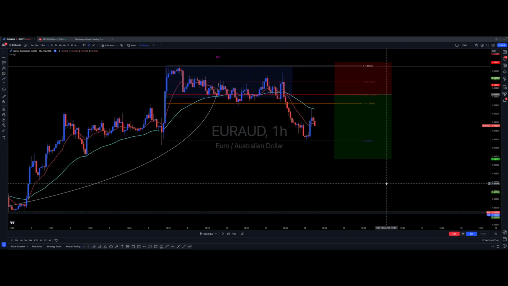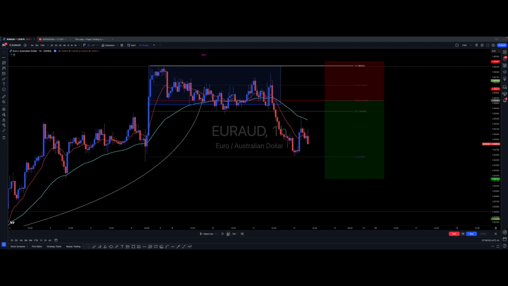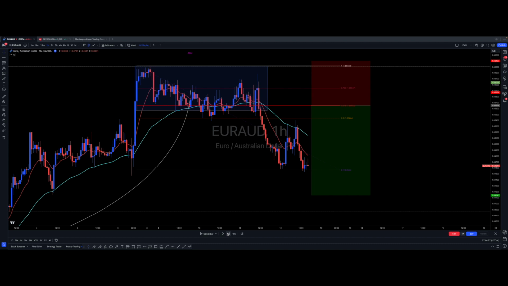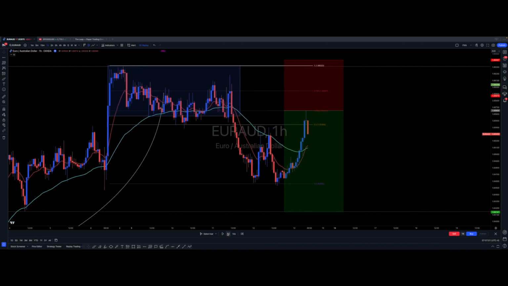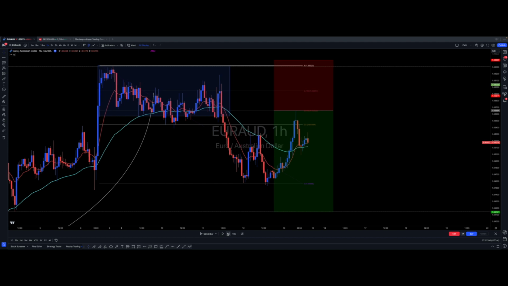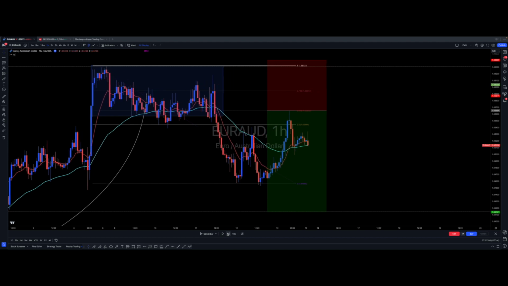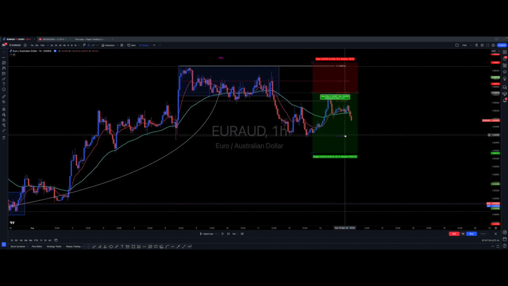If we go ahead and play this out and see what ends up happening here, you can see, we know that it went to the 618 retracement line and to the 50. You got into the trade, and then now it's just about letting it play out. Okay, you already know what you're risking up front. So in this case, you're risking 75 pips to gain essentially 2, which is what, 151 pips.